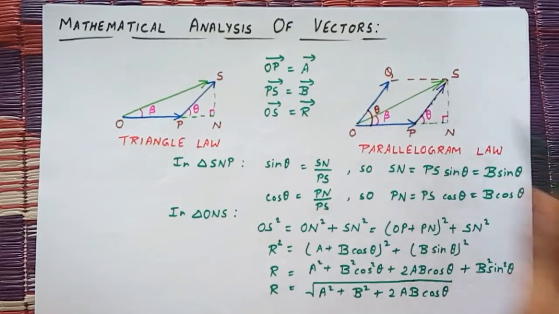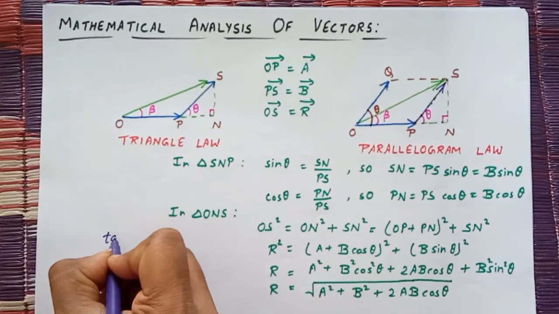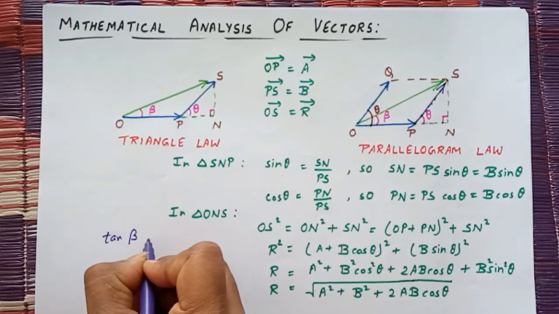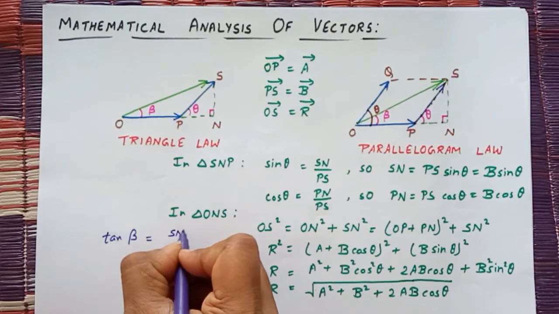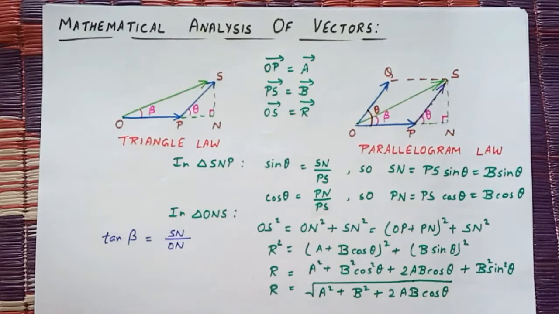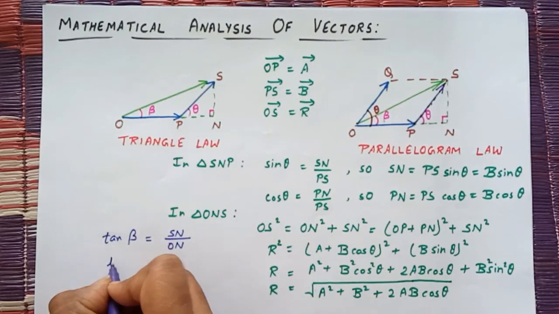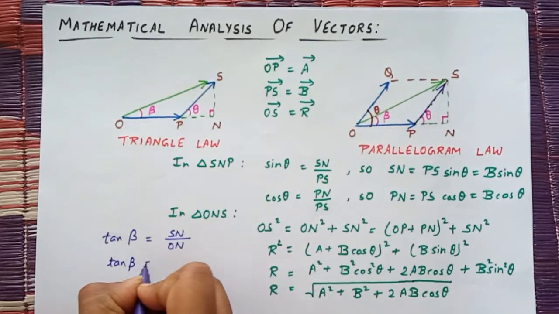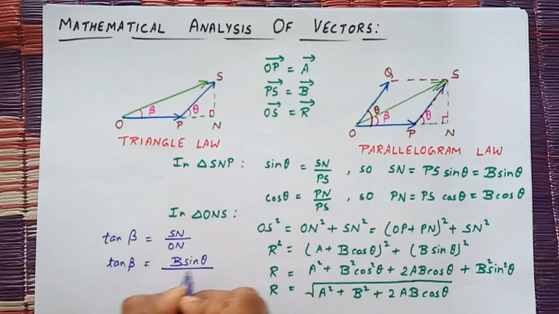If I want to find angle beta also, then I can write here tan beta. It will be equal to SN upon ON, or I can write it as SN is B sin theta upon A plus B cos theta.